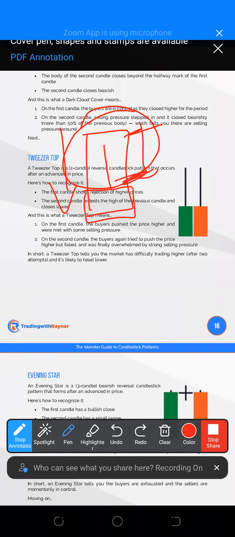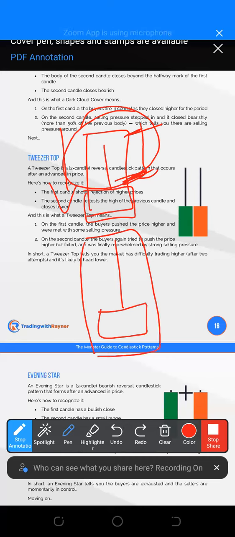Before, the whole candle was like this. But later there was what? Rejection, where the price was coming down again. It erased this body, and only something from here remained. That's why you have a line. That line is the trace of that body that was rejected.